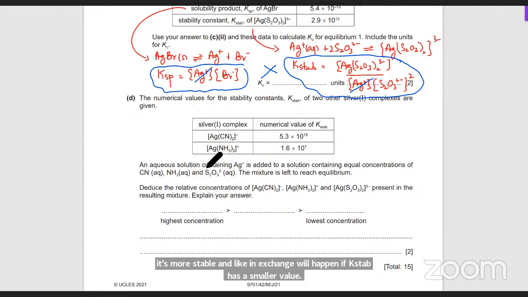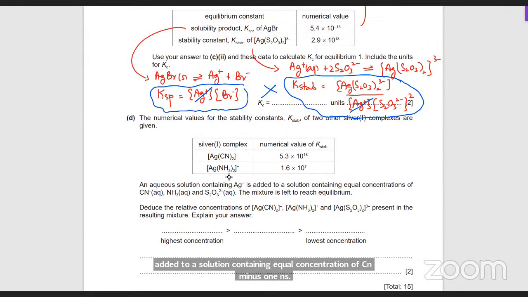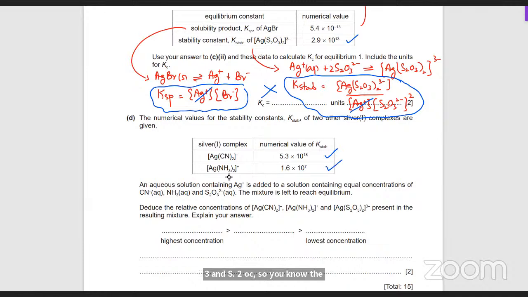So यहाँ पे वो कह रहे हैं aqueous solution containing Ag+1 is added to a solution containing equal concentration of CN-1, NH3 and S2O3. So you know the K-stab values for all three of them. So the mixture is left to reach equilibrium. Deduce the relative. अच्छा बताओ कि इनमें से which one has the greatest chances of getting formed out of all these three?